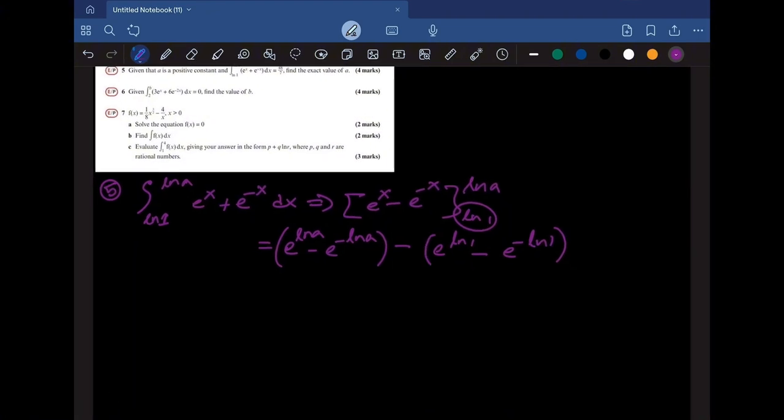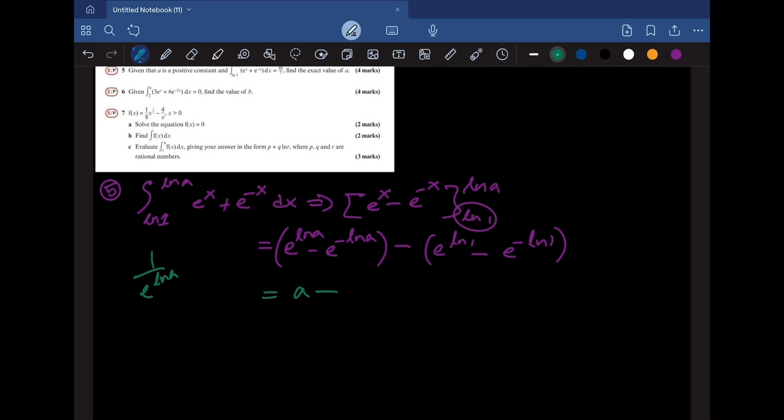Now we know e to the power of ln a is a, minus e to the power of minus ln a means 1 divided by e to the power of ln a, right?